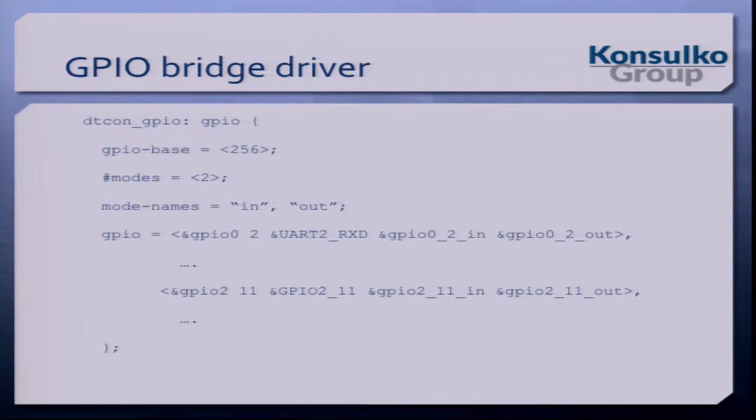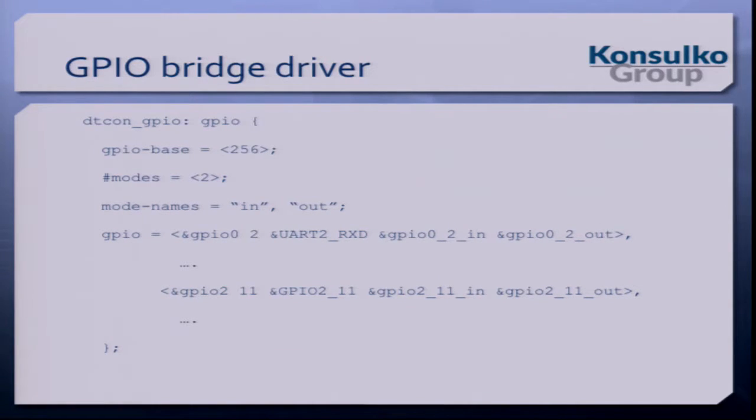So first thing we need is the GPIO base, because if you've ever seen a GPIO chip driver, you'll see that it uses a fixed number as a base for each of the GPIOs it handles, and you have to have a starting base for its GPIO chip.